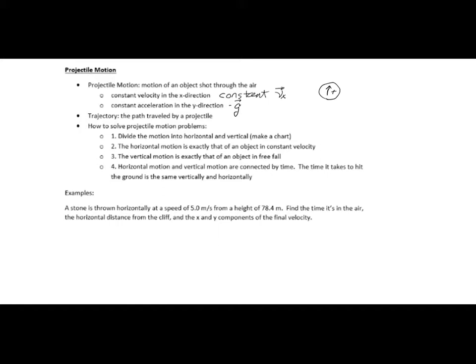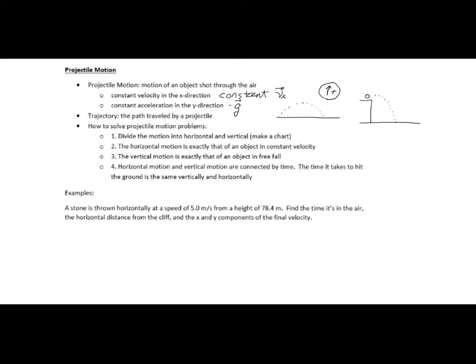All right, so trajectory, path traveled by a projectile, so that can look a few different ways. So if we're on flat ground, of course, we have something like that. If it's launched at a higher angle, of course, it's going to go higher. It may or may not go the same distance. And then we can also have things like this, where maybe there's a ball that rolls off a table and it falls.